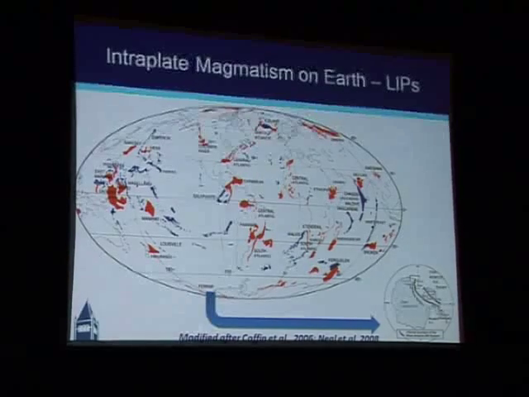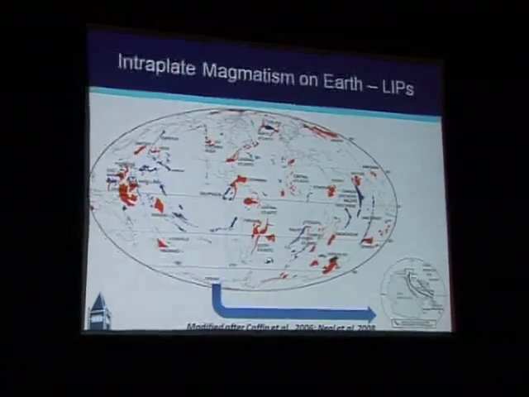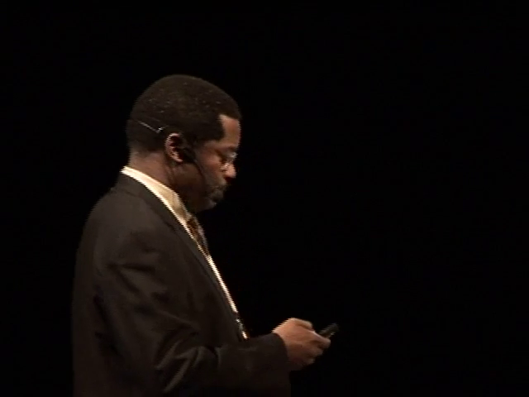I think most of you would agree that in geochemical circles, we have a pretty good understanding of how the mantle melts in tectonic settings such as mid-ocean ridges and island arcs. But when you talk about volcanism or magmatism that's intraplate, usually in these features we refer to as large igneous provinces, the tendency has been for us to invoke plumes in just about every setting.